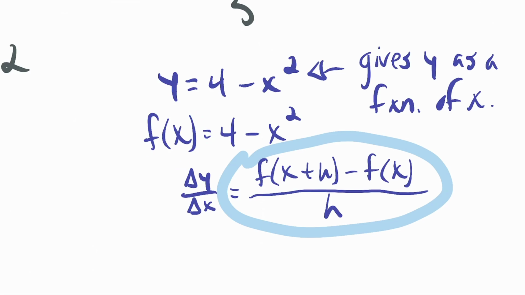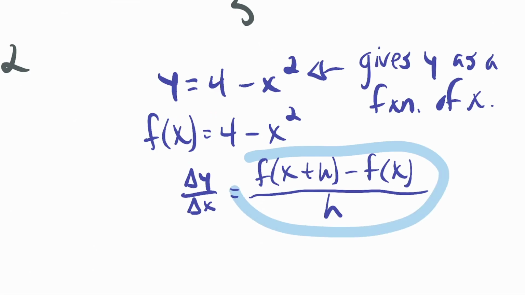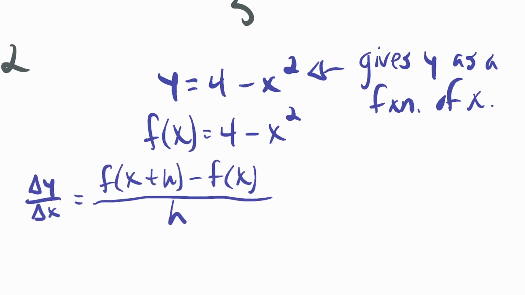So this is just a way of referring to the formula 4 minus x squared without having to write 4 minus x squared every time. Because I could totally, instead of writing this, write the equivalent. In fact, let me move this over, because I don't want to take up a whole lot of vertical space.